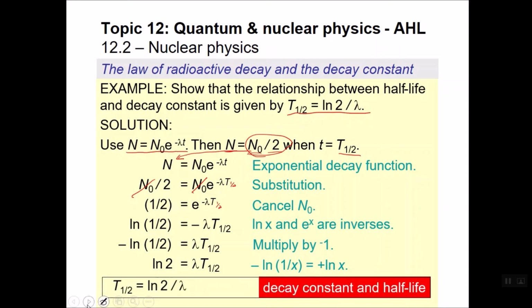And so the half-life is equal to natural log of 2 over lambda. Lambda in this case is the decay constant. So the half-life is natural log of 2 divided by the decay constant. So if you know the half-life, you can figure out what the decay constant is of your material.